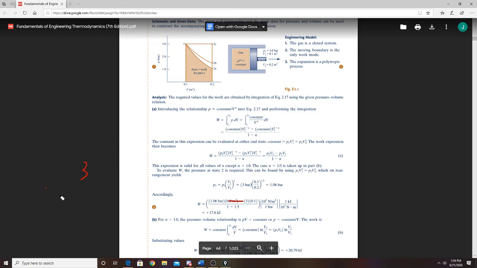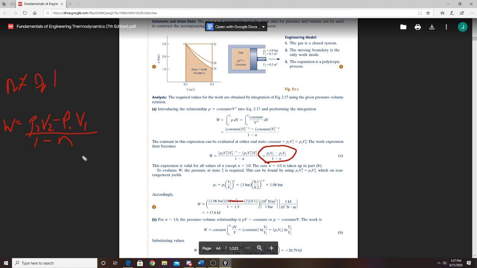For n not equal to 1 or 0, your integration will look like the following. You can literally just throw your numbers into there. Essentially, work is equal to P2 V2 minus P1 V1 over 1 minus n. So everyone write that down.